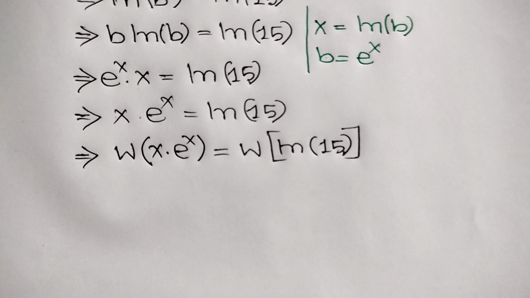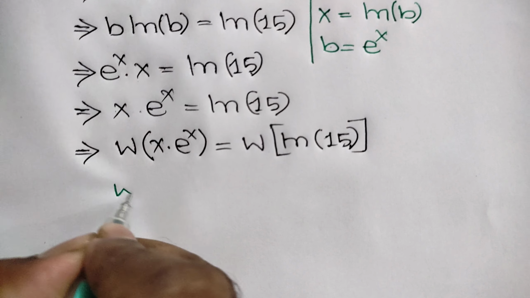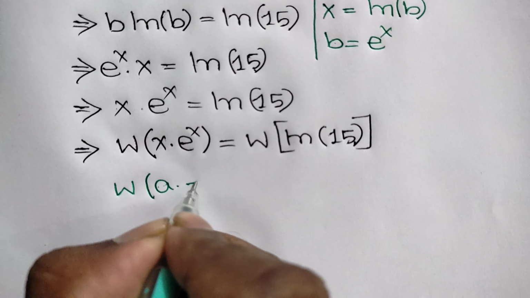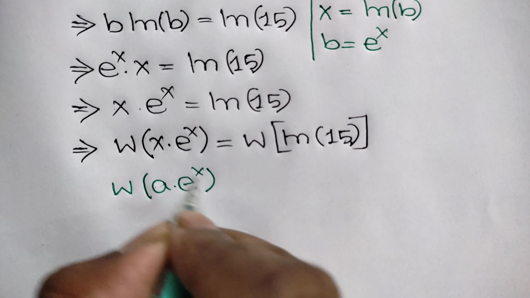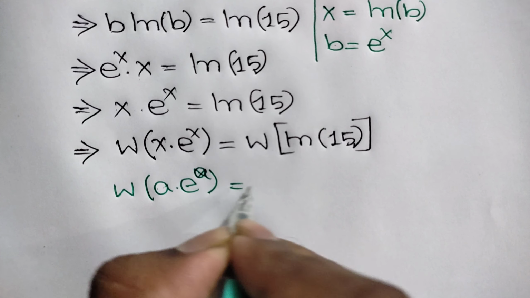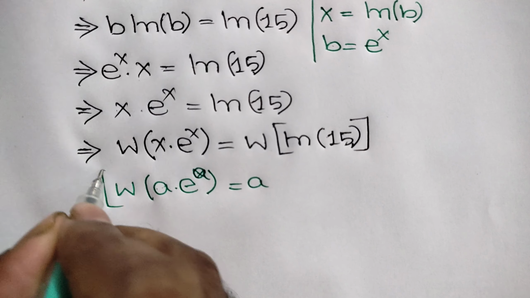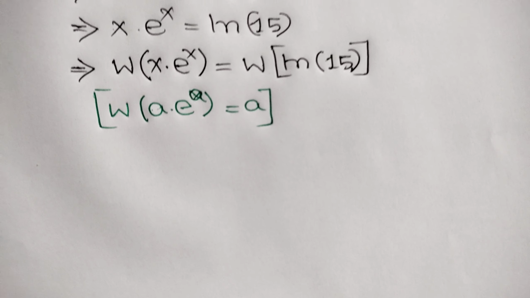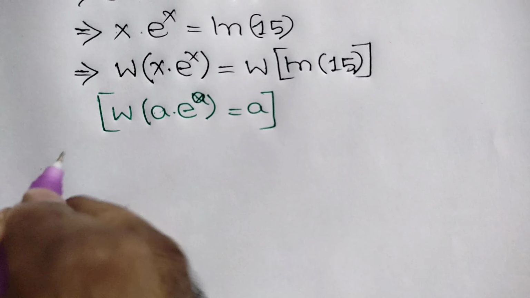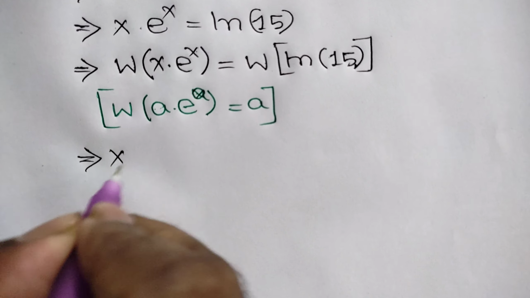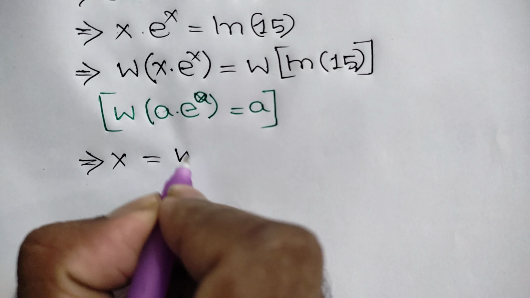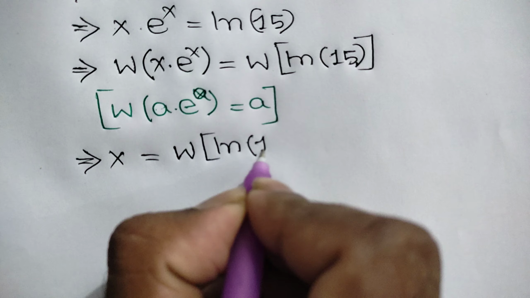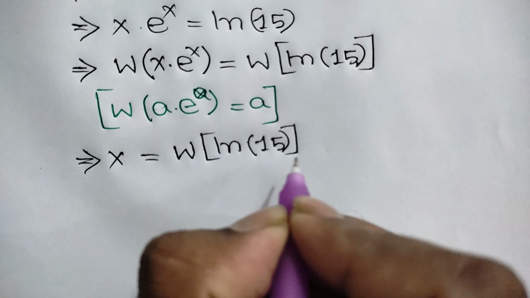Now we know the Lambert W function: W of a times e to the power a is equal to a. So here we will get x is equal to W of ln of 15.